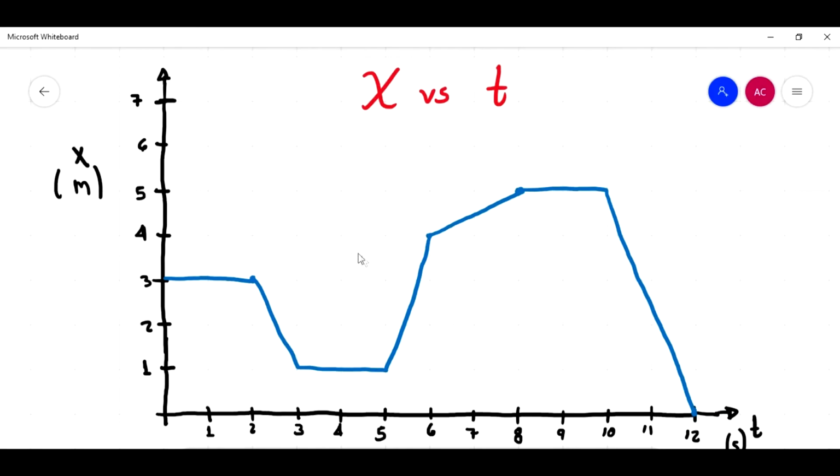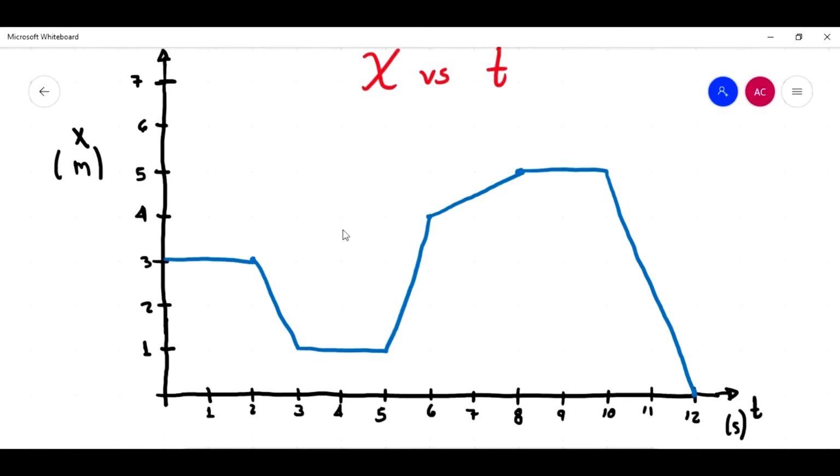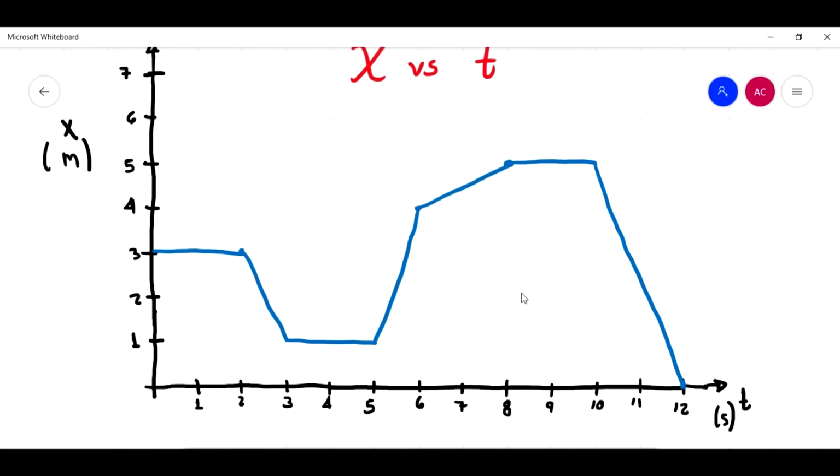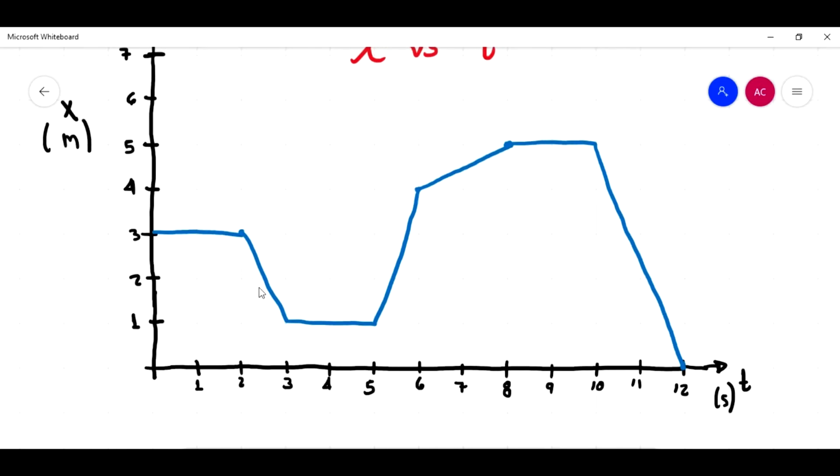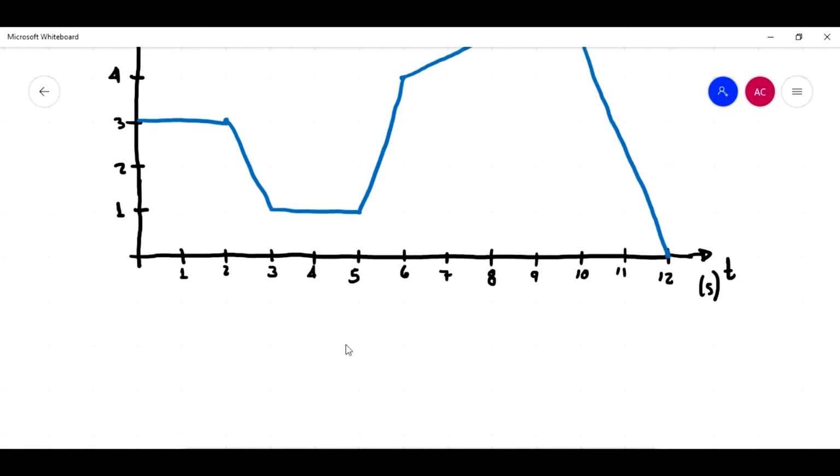So this is the graph that I have, and we are going to make the proper analysis of this problem. Let's say this is a problem, and this is just a simulation. It could be a person or a car, any object that you want to imagine. This object is moving. Let's say this is a person, and I have a house over here.